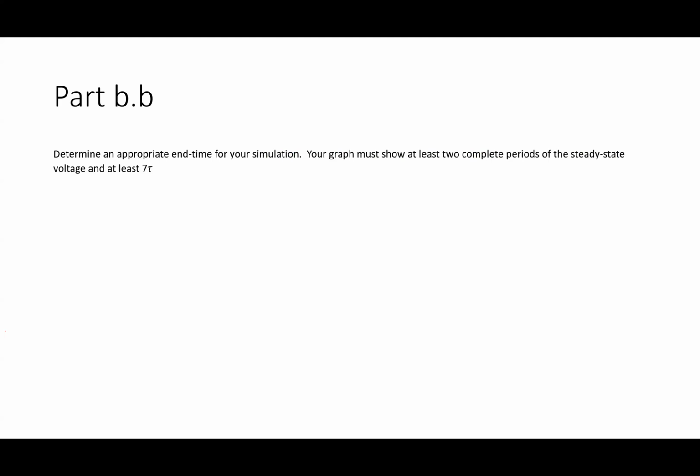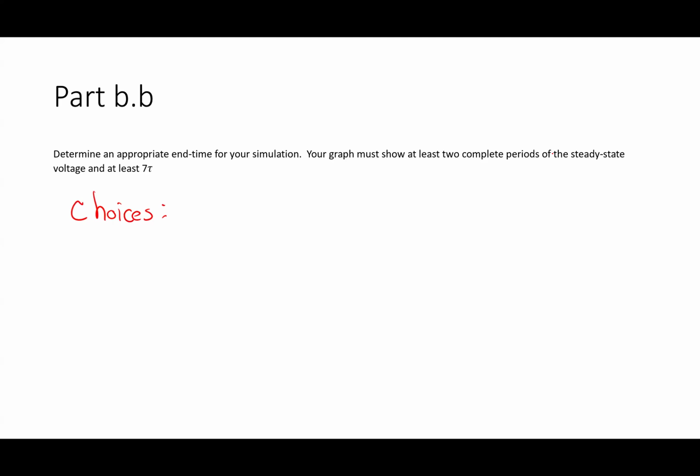The second part of this says, determine an appropriate end time for my simulation. Your graph must show at least 2 complete periods of the steady state and at least 7 tau. So basically I have 2 choices here. I can run this for 2 periods or 7 tau, whichever one is longer.